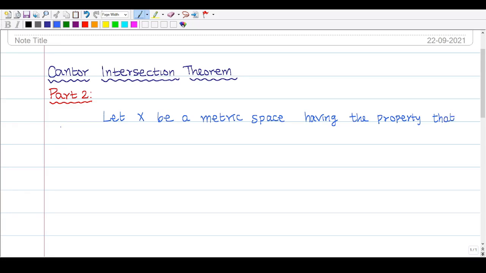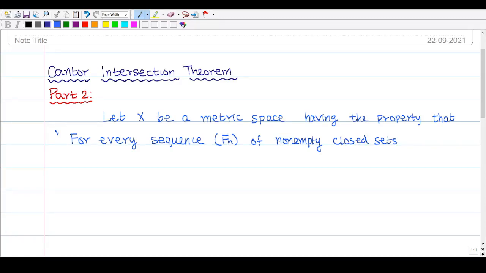என்ன property அப்படின்னா, for every sequence fn of non-empty closed sets satisfying number 1.